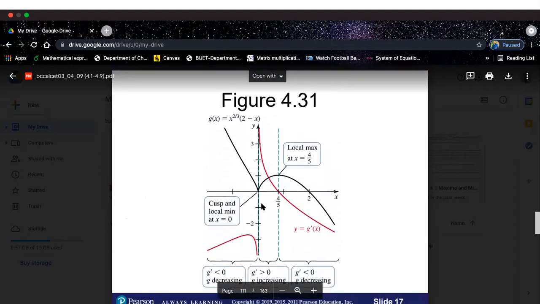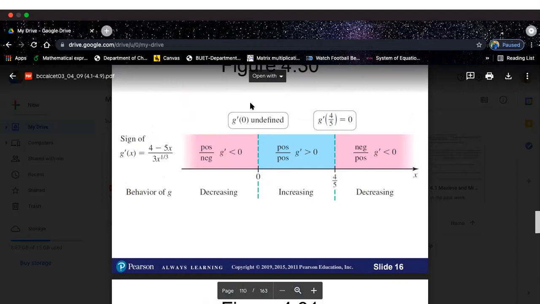Let's see the graph. Oh, sorry. No. We know that it's from the denominator, right? My bad. This critical point 0 has come from the denominator. So definitely at 0, the first derivative will be undefined. That means, in other words, there will be a corner point.